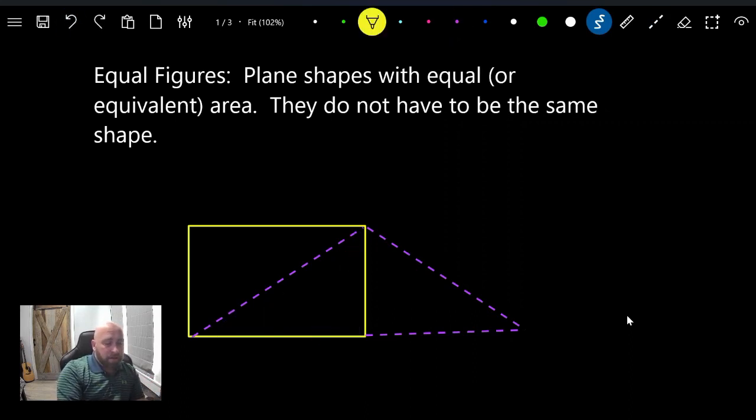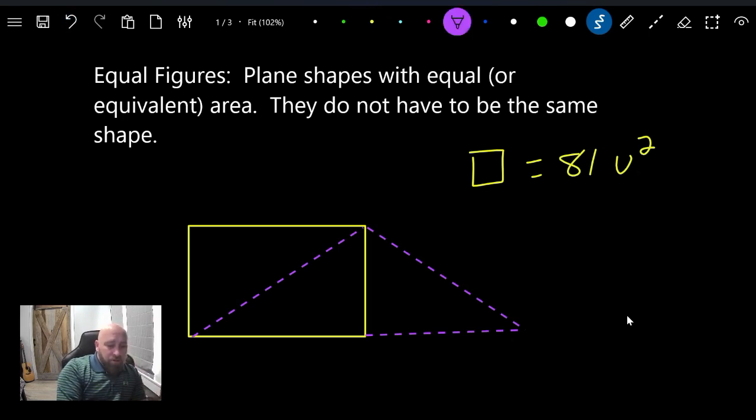So let's just come up with a number. Let's say that my rectangle equals 81 square units. So units squared, we'll do it like that. Well, my triangle is also going to equal 81 units squared.